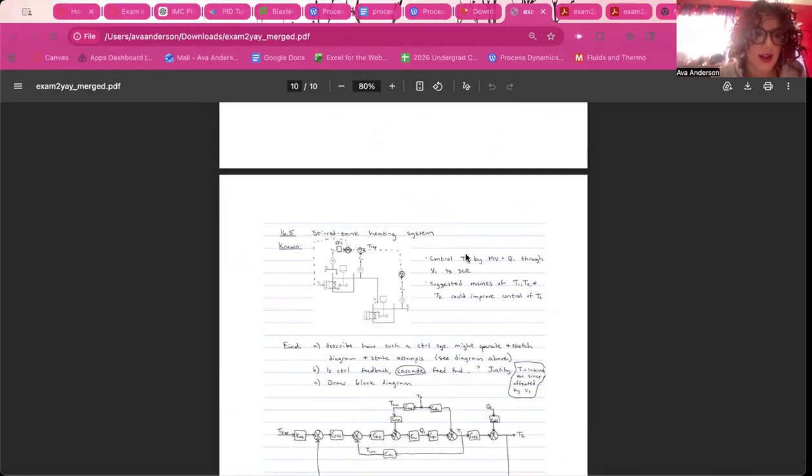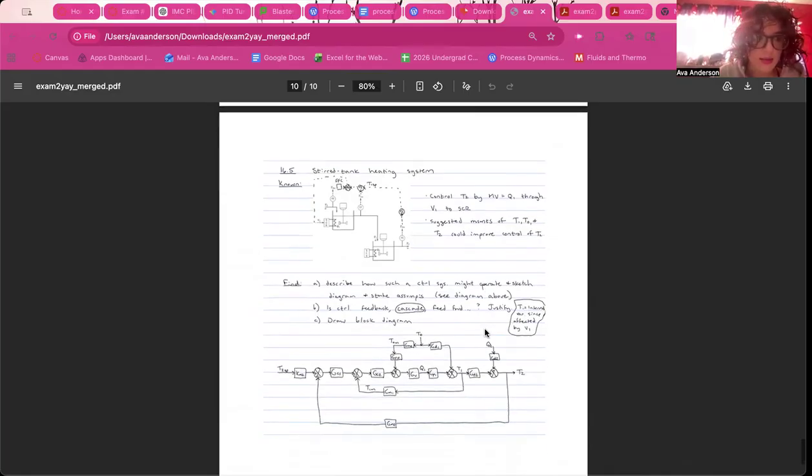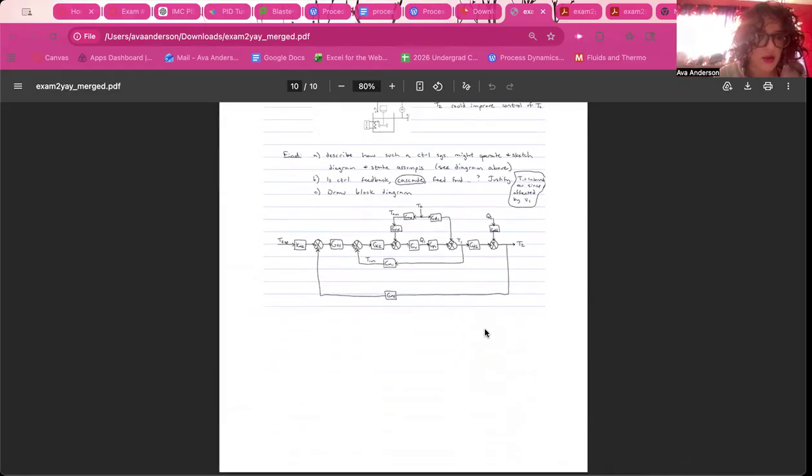It's the output signal and is added to the output of the feed forward control. It's a cascade control system with a feed forward controller being used to help control T1. And this is the block diagram for it. So you can see both the outer cascade control and the feed forward both being incorporated into that loop.